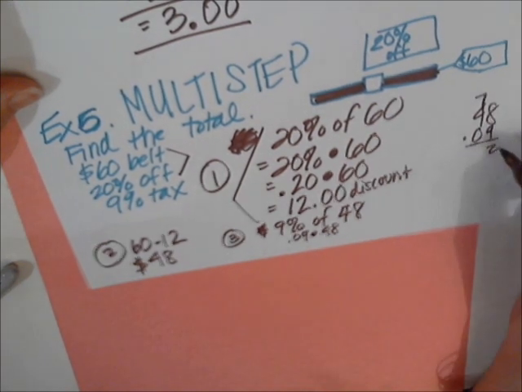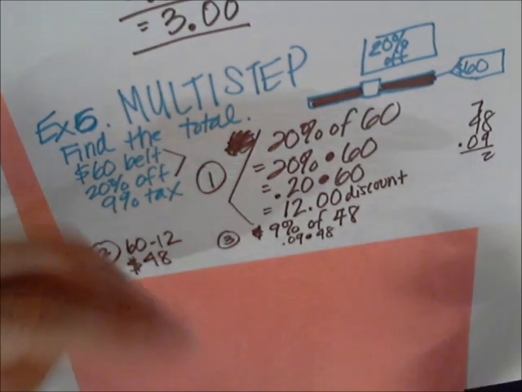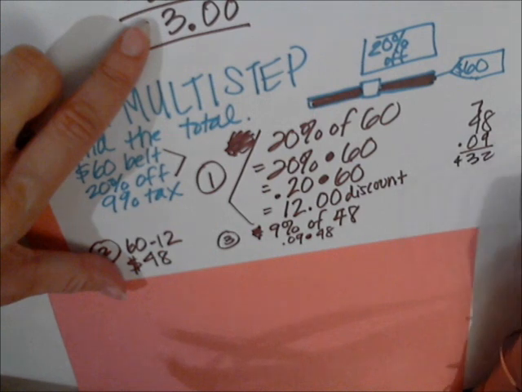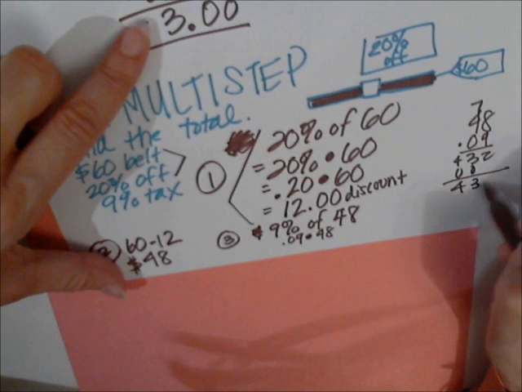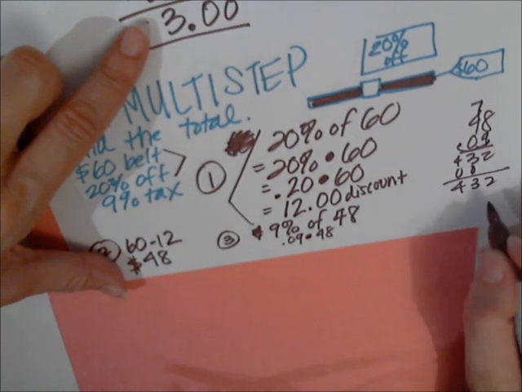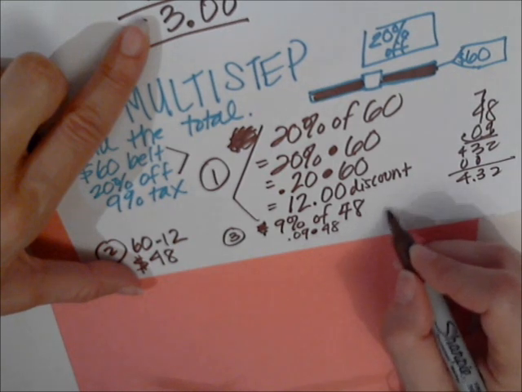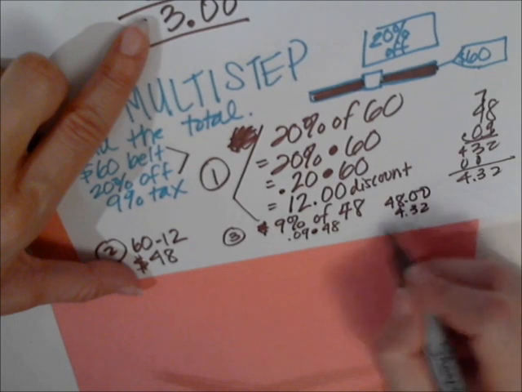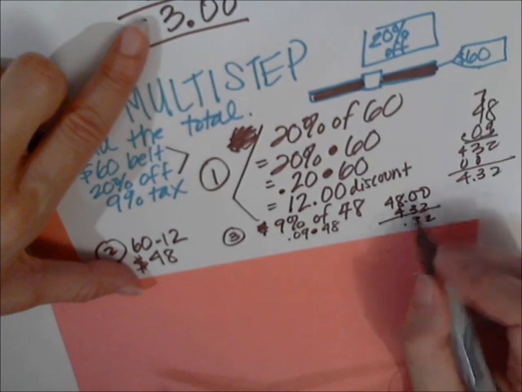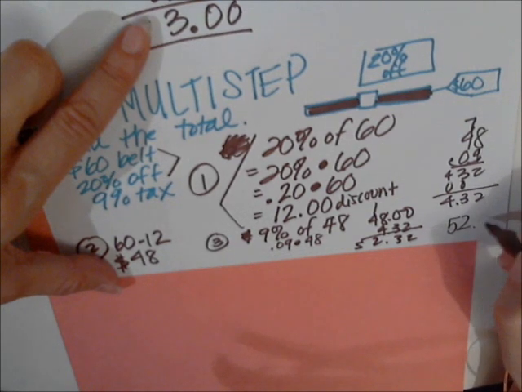That gives 432, so 4.32. So then we get 48 plus 4.32. Okay, so out the door, that belt is costing you $52.32.